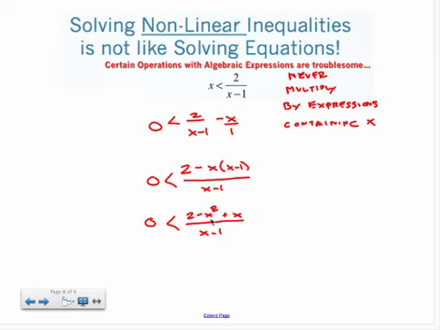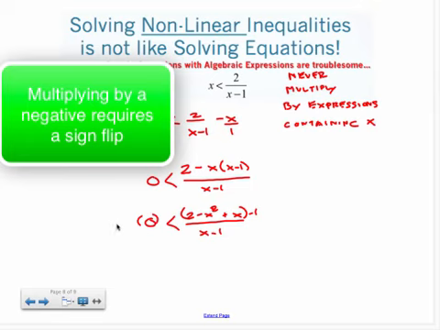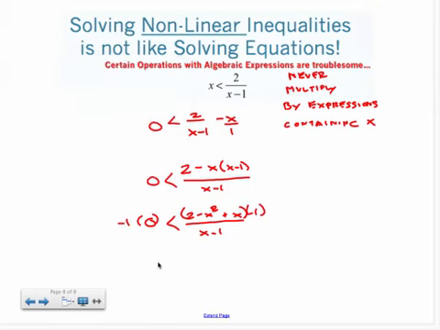So let's multiply everything in the numerator by negative 1 and also this side by negative 1. Recall what that means I need to do to the inequality sign. I need to flip it. So I still have a 0 here, but now I have 0 is bigger than x squared minus x minus 2 over x minus 1. I now have one big messy fraction.